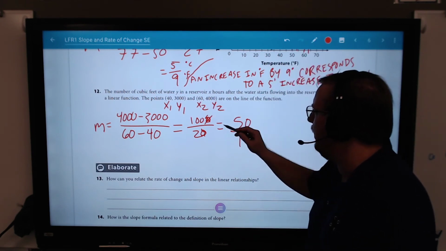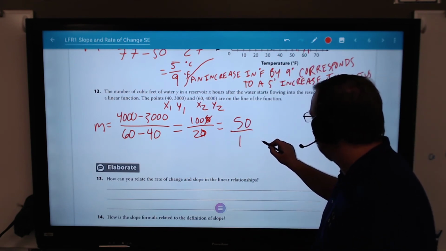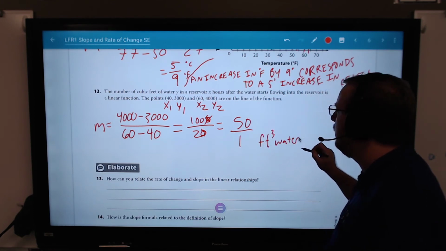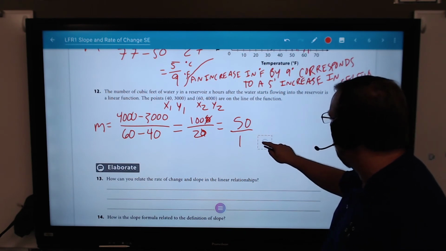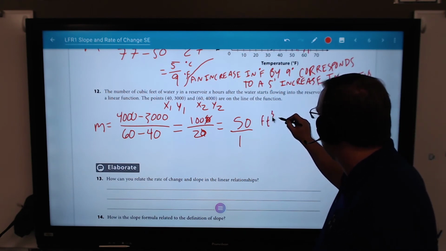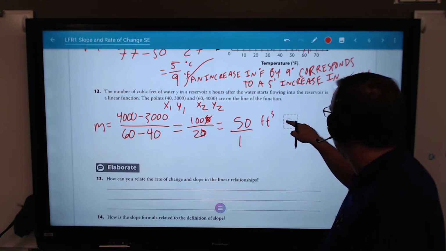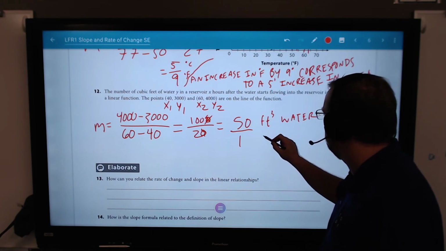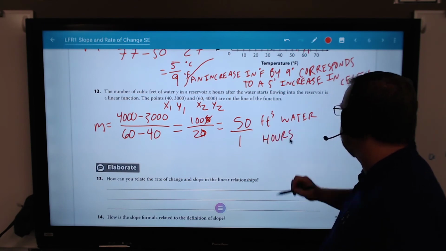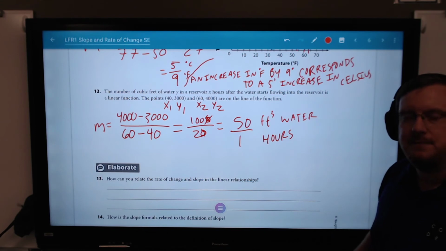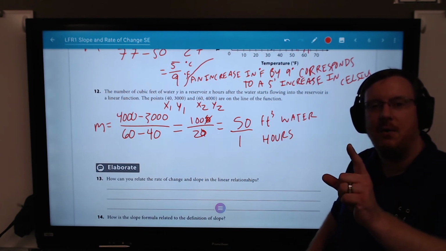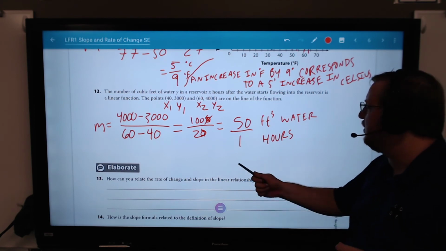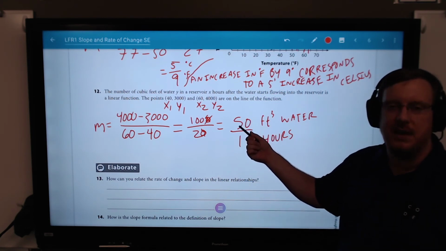Because our y values, this is cubic feet of water. And I'm sorry, that was our y's, cubic feet of water. And our x's was hours. Right? So if we're going to interpret this, a change of time of 1 hour corresponds to an increase of 50 cubic feet of water.